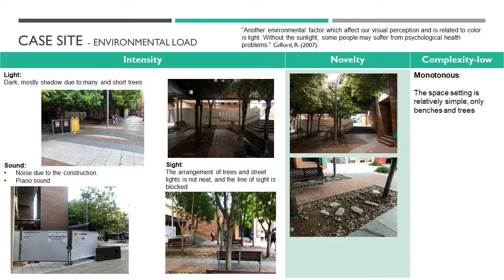Most of the site is shaded because the light is dark, caused by dense and short trees and the winter, so there is not enough light, affecting the site and making it unsafe. In addition, the arrangement of trees and street lights is neat, blocking the site as well. Moreover, there is construction noise in the afternoon.